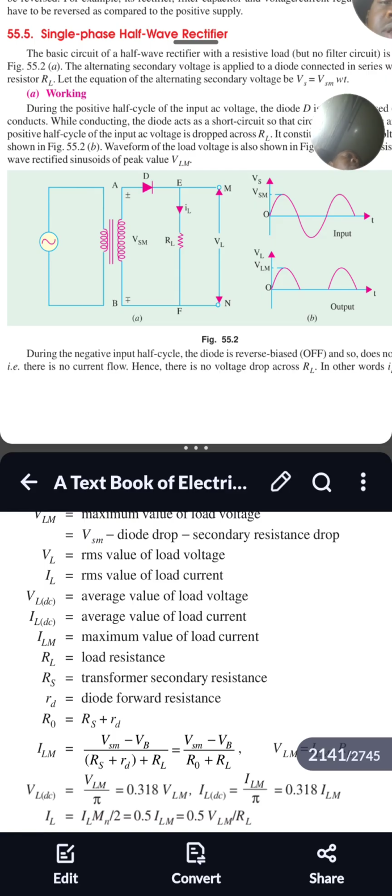So you will see some textbooks, if they're calculating PAC, they should use IAC squared times RL, right? They will now be using IRMS squared times RL, meaning the IRMS is the IAC, but for the IDC it is normal.